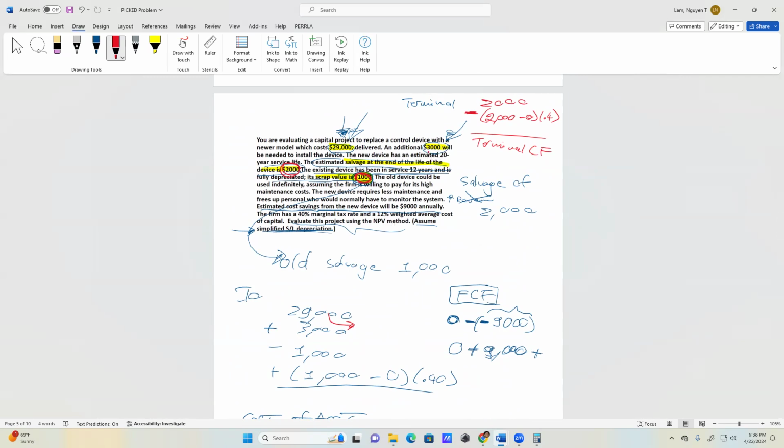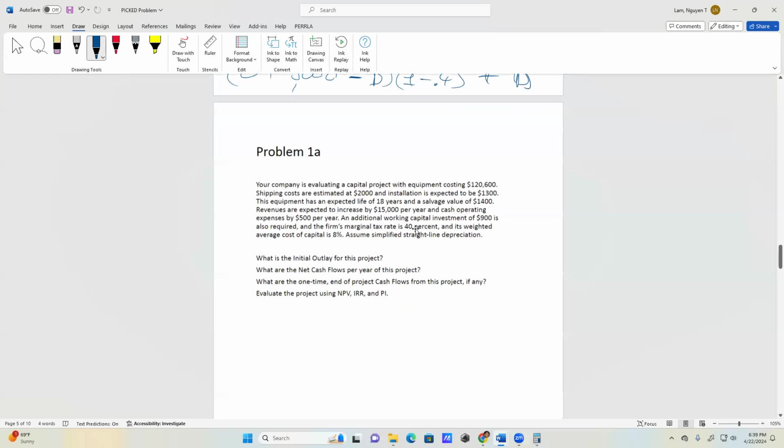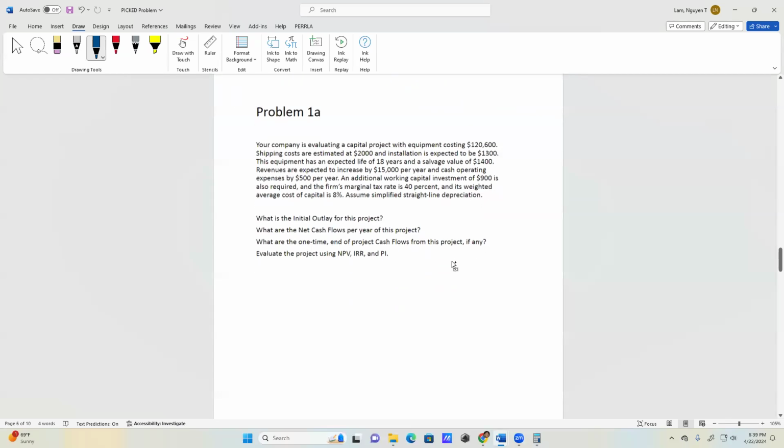So it's going to be 19 years of the free cash flow. But then year 20 is going to be the free cash flow plus the terminal cash flow, right? So remember how to put that on your calculator when you try to find the NPV. Okay. All right, on to this one.